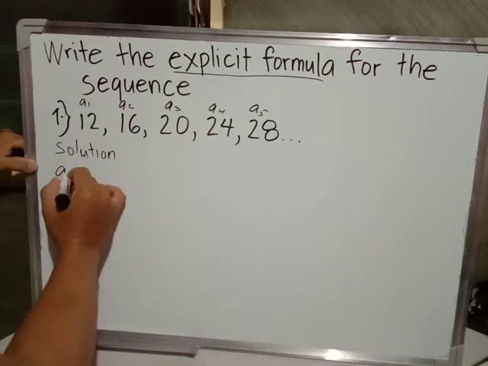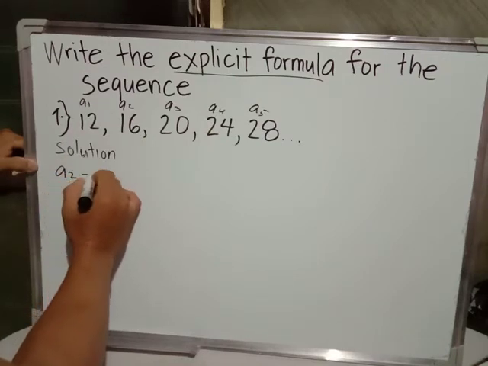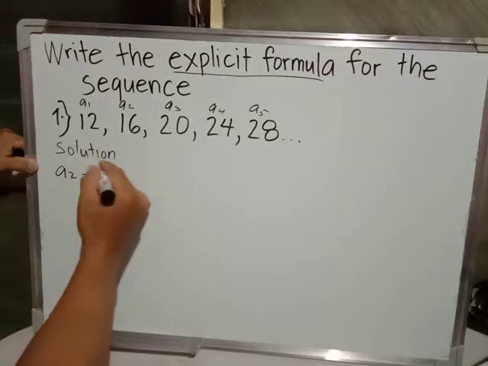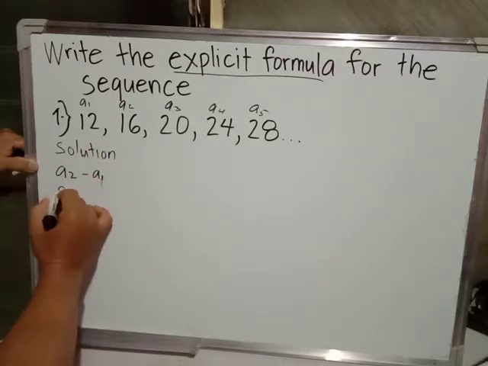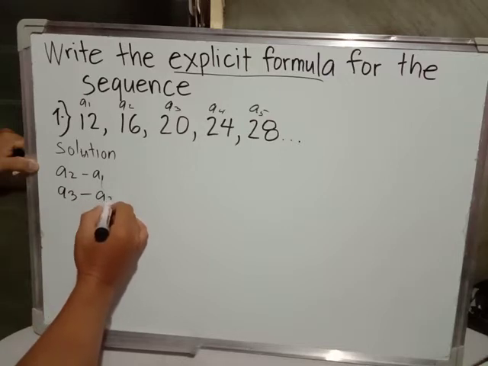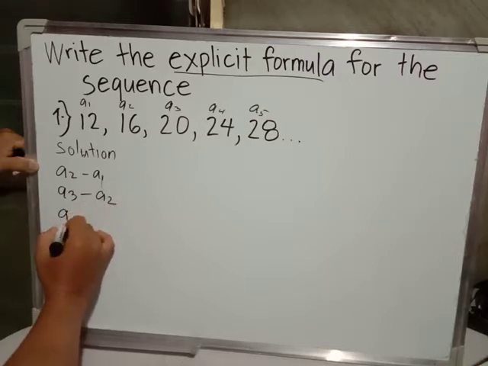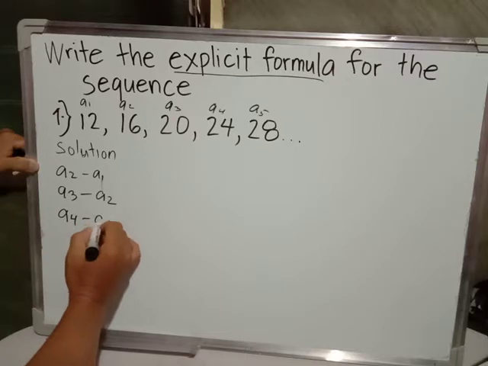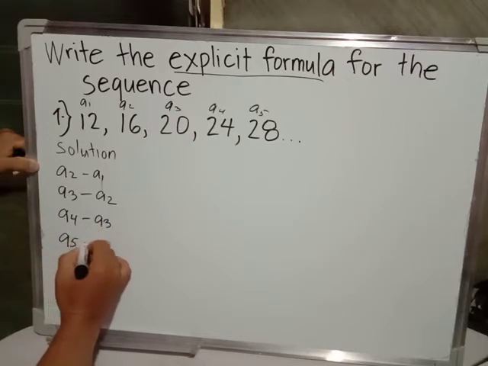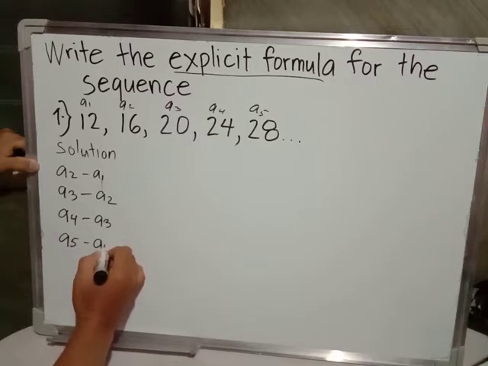So, solution: E2 minus E1, then E3 minus E2, then E4 minus E3, then E5 minus E4.